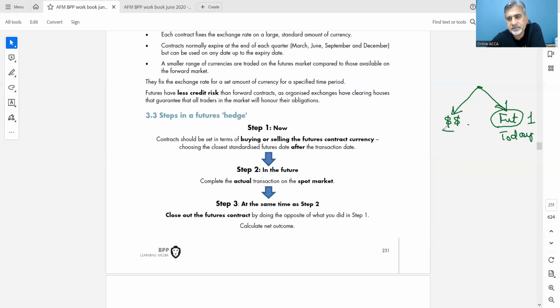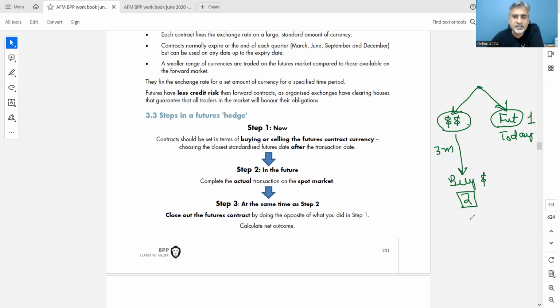Second step, 3 months later, you buy the dollars from the real market. This is step number 2.